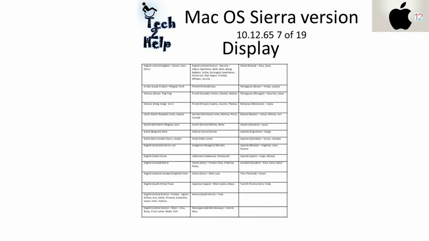English, United Kingdom: Daniel, Kate, Oliver. English, United States, novelty: Albert, Bad News, Bahh, Bells, Boing, Bubbles, Cellos, Deranged, Good News, Hysterical, Pipe Organ, Trinoids, Whisper, Zarvox. Polish, Poland: Ewa, Zosia. Arabic, Saudi Arabia: Majd, Tariq. Finnish, Finland: Satu. Portuguese, Brazil: Felipe, Luciana. Chinese, China: Ting-Ting. French, Canada: Amélie, Chantal, Nicolas.